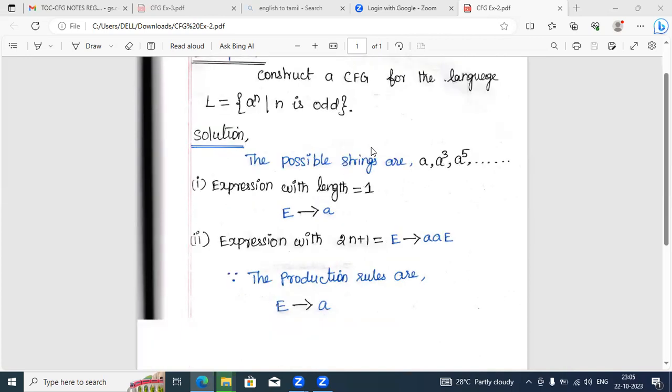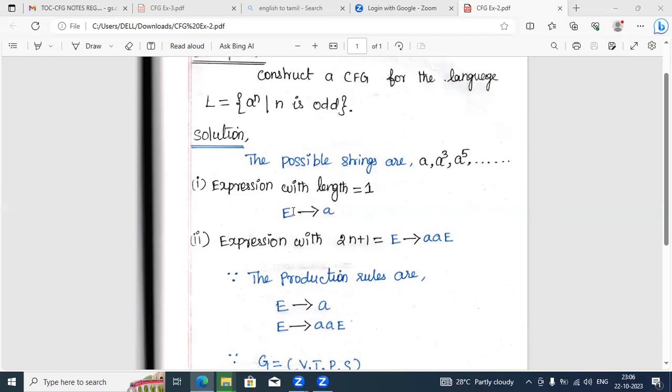The possible strings are given, because the n value is odd. So the possible strings are a^3, a^5, a^7, a^9, and so on. Initially, the minimum length is n = 1. If n is 1, the length of a is only 1, right? So we define the production E → a.